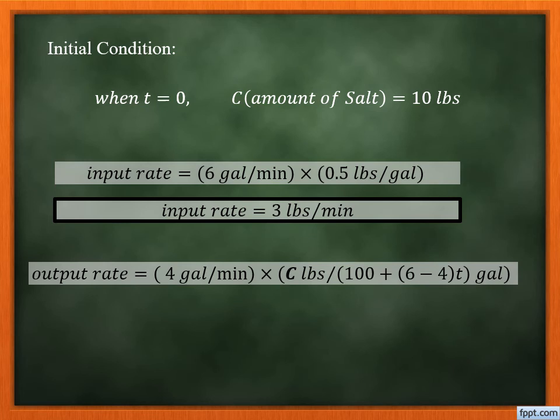So we add 6 minus 4 times t. This is volume. So 6 is 6 gallons per minute and 4 is 4 gallons per minute. We still need to multiply that by T to get the volume.